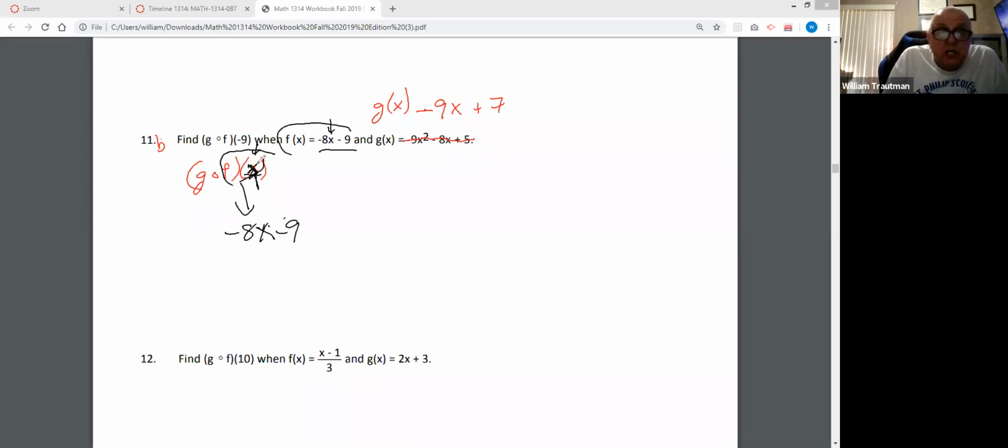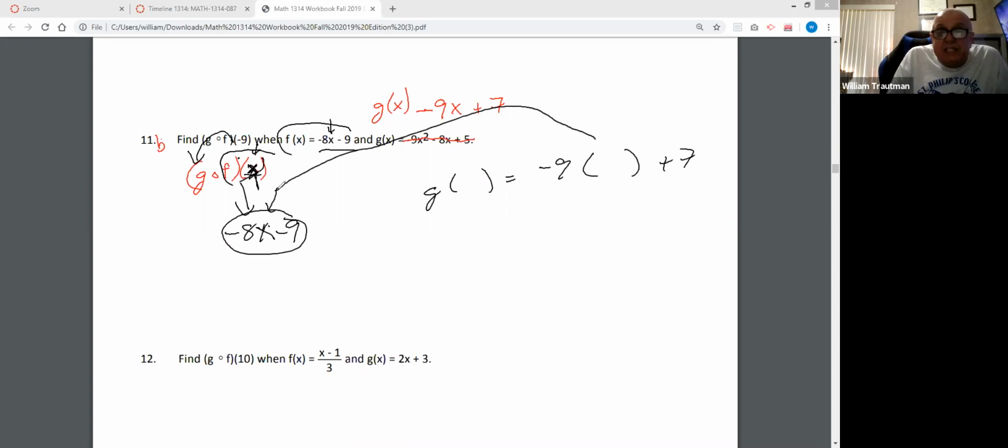It just says x. Then we're going to take this whole thing and plug it everywhere we see the x's in g. So g is negative 9x plus 7. Since we don't have a number, we have to plug that into the function, negative 8x minus 9. And then we have to simplify.